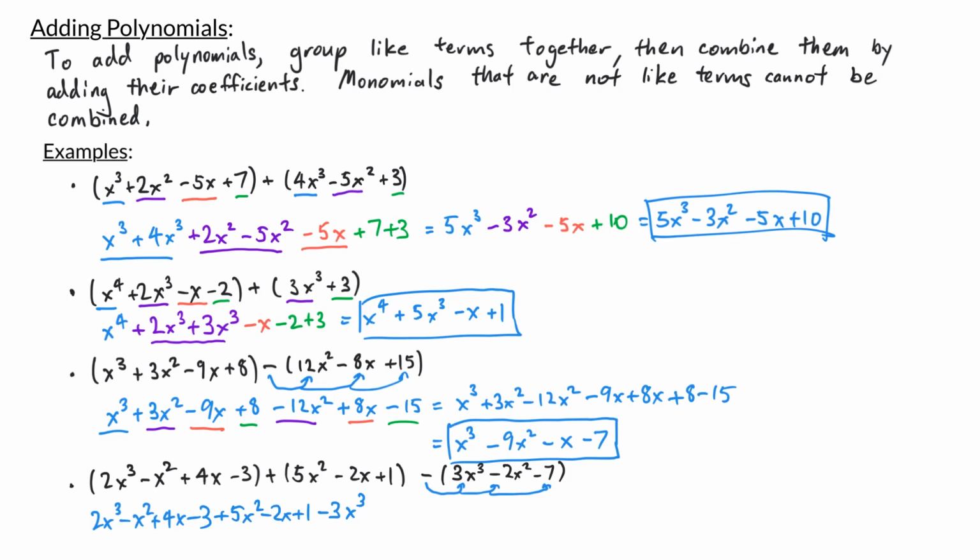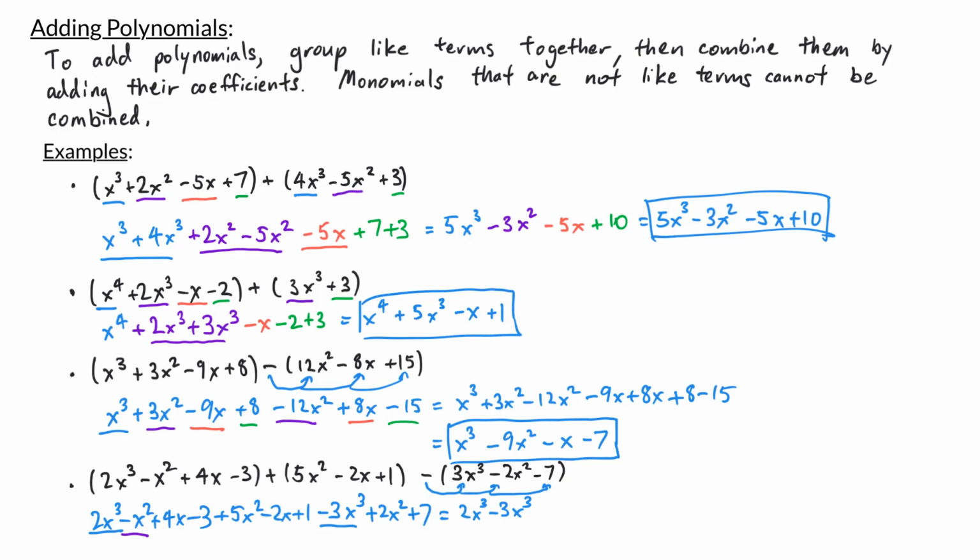Bring the negative sign to the negative 2x squared gives me a positive 2x squared. And then bring the negative sign to the negative 7 gives me plus 7. Next, I want to group any like terms together. So I have a 2x cubed and a minus 3x cubed that can be written together. 2x cubed minus 3x cubed.